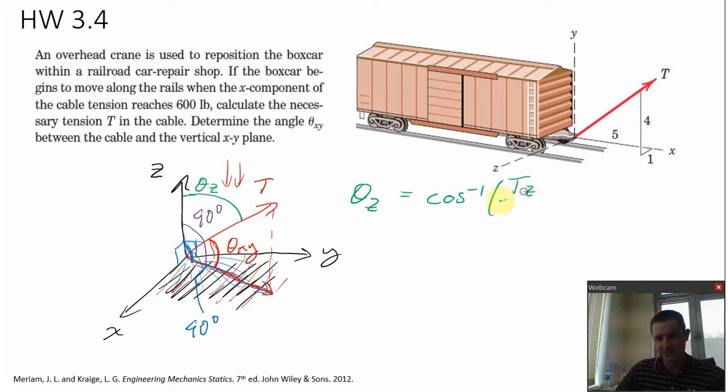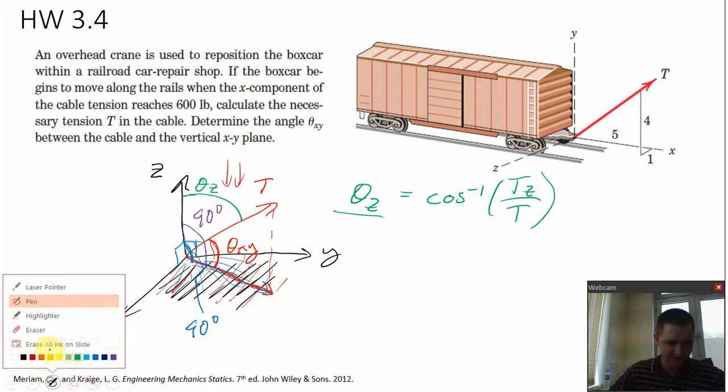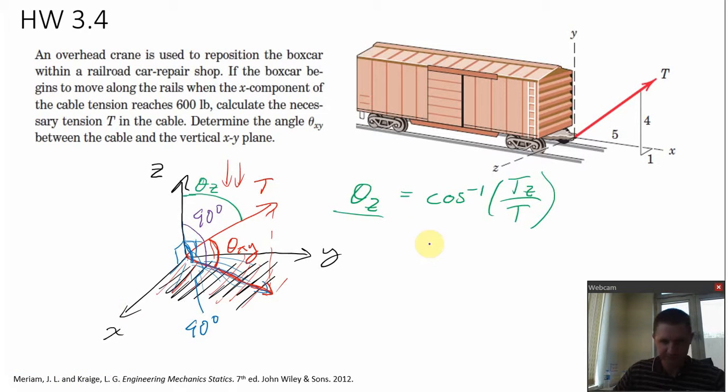So I can find the z component of the tension vector, divide it by the magnitude, take the inverse cosine of that ratio, and I'll find theta z. Then, easy enough, theta xy can be found by just taking 90 minus theta z, and we've got our answer there. Very good. So now let's just do the boring algebra part.